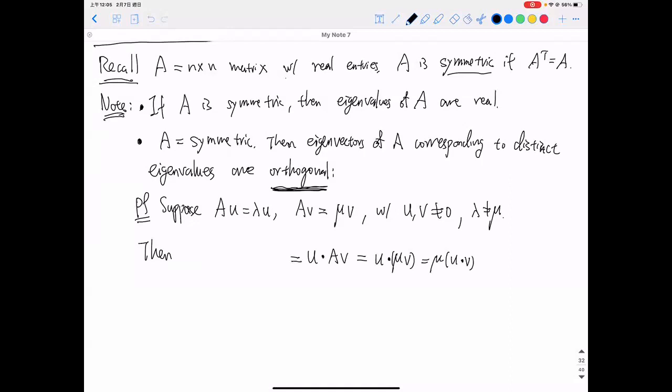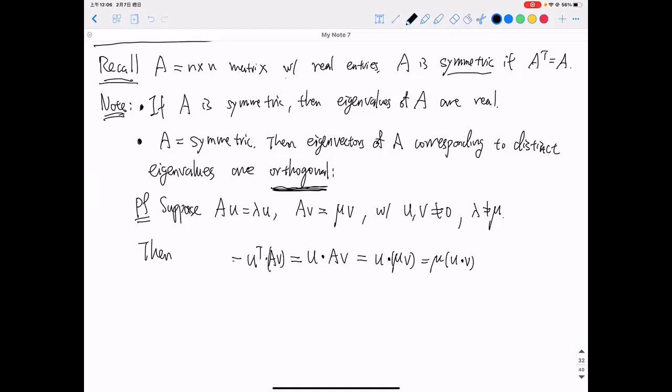Now on the other hand, there's a formula that we've used before, right? This is the transpose, U dot AV is U transpose times AV.